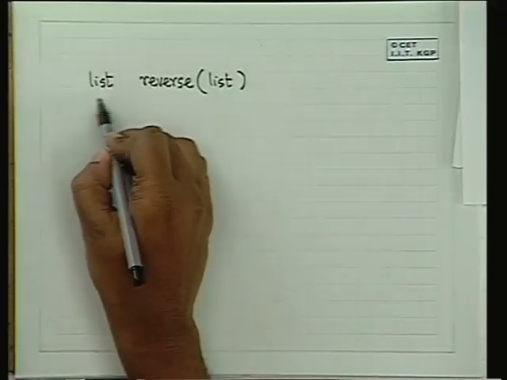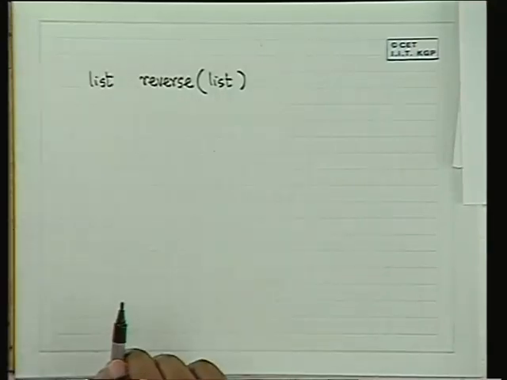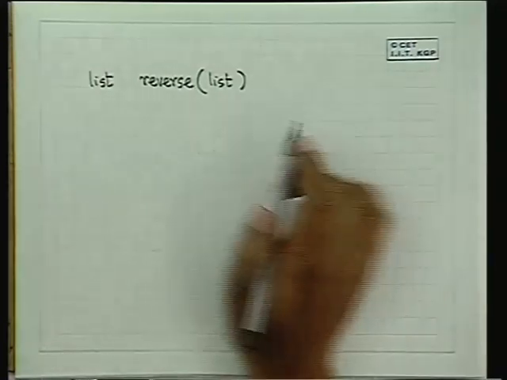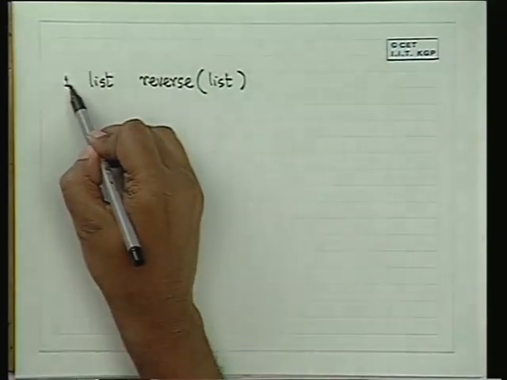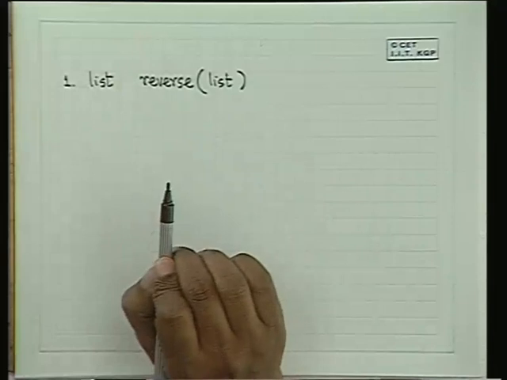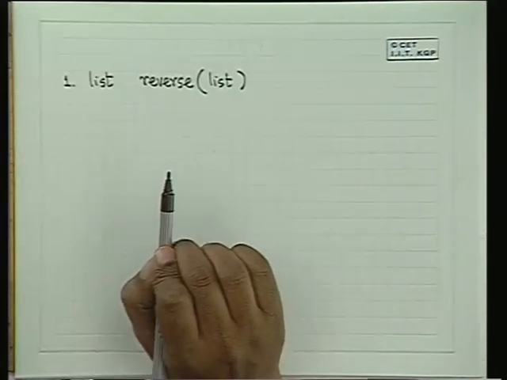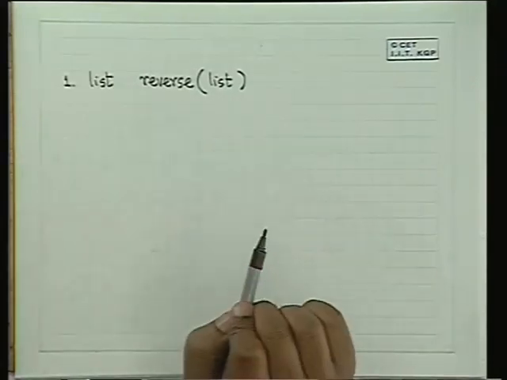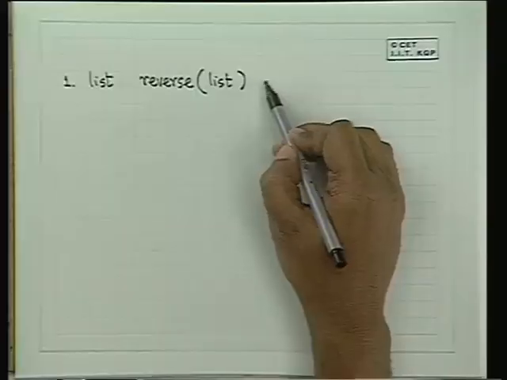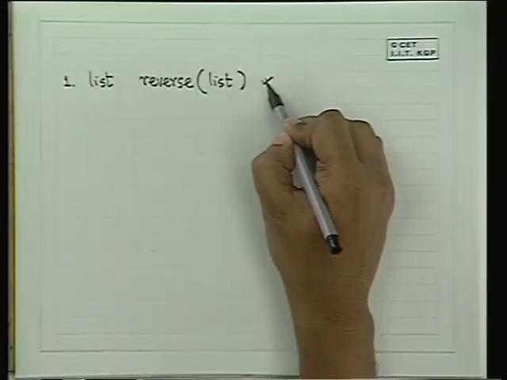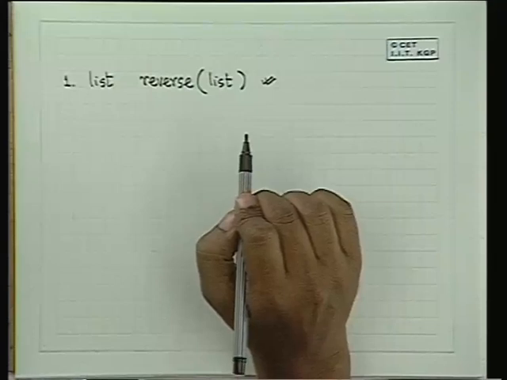It will return the head of the new reversed list. So the first problem that we have in hand is reversing a list. So I will leave it to you to think of how you will write programs to reverse a list.